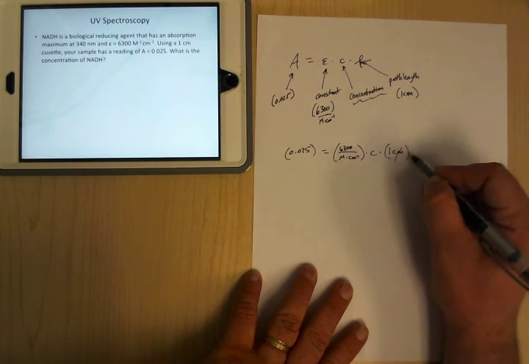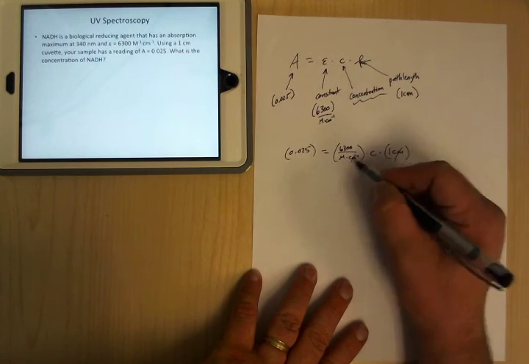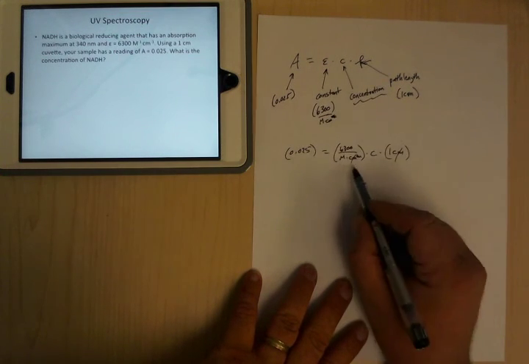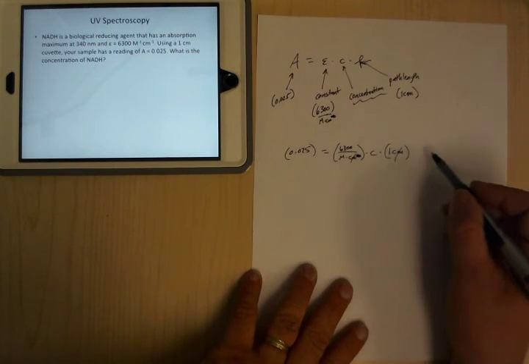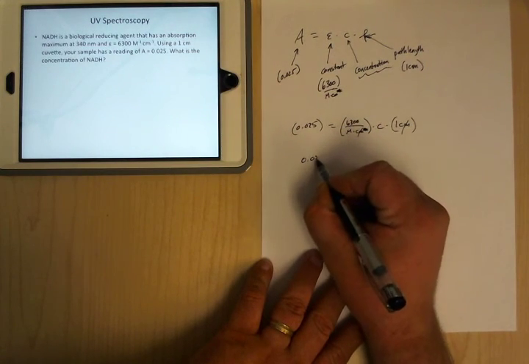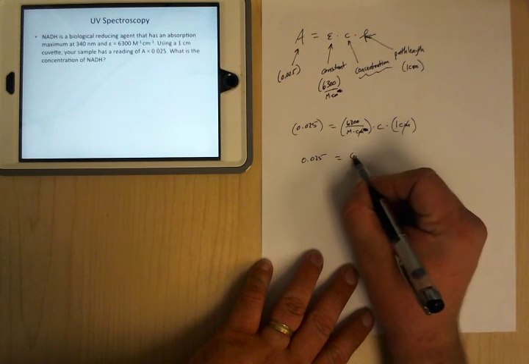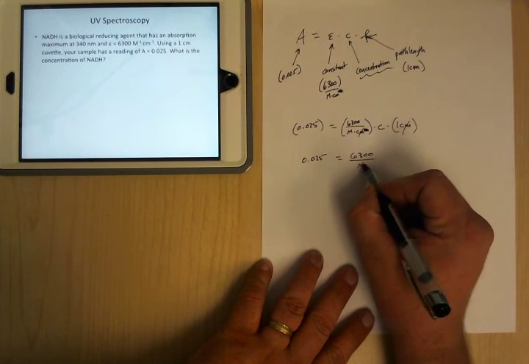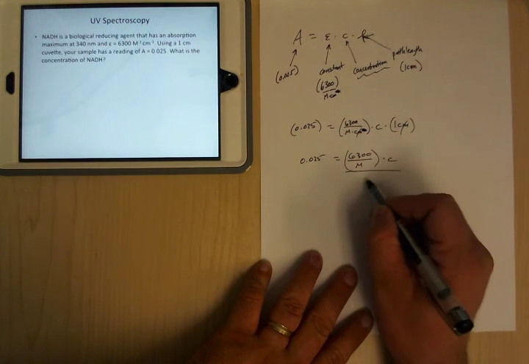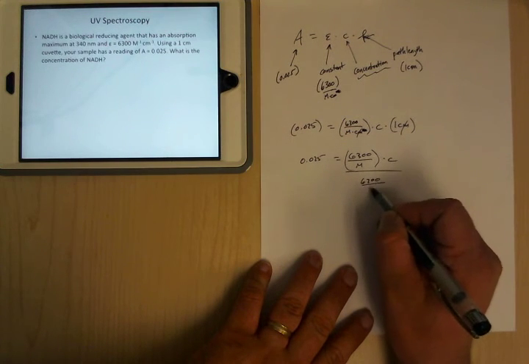We can go ahead and cancel out the centimeters. So what we're left with is 0.025 equals 6,300 per molar times C. So what do you have to do? You have to divide both sides by 6,300 per molar.